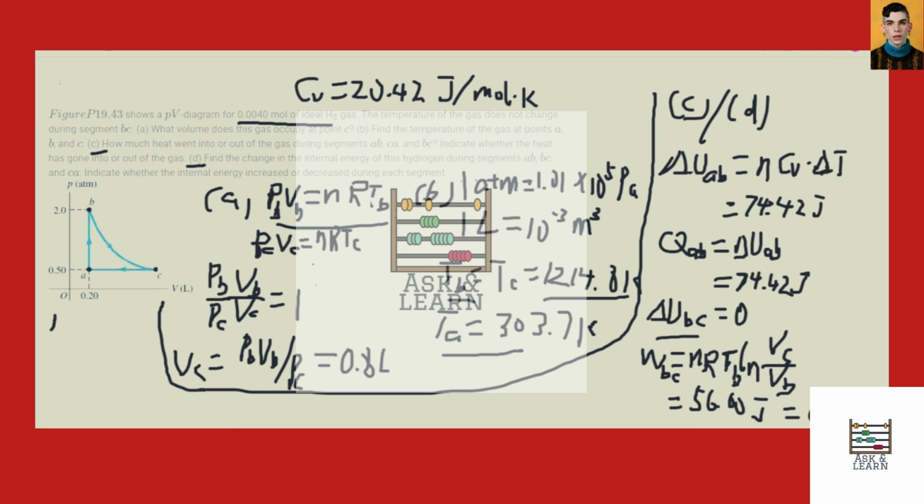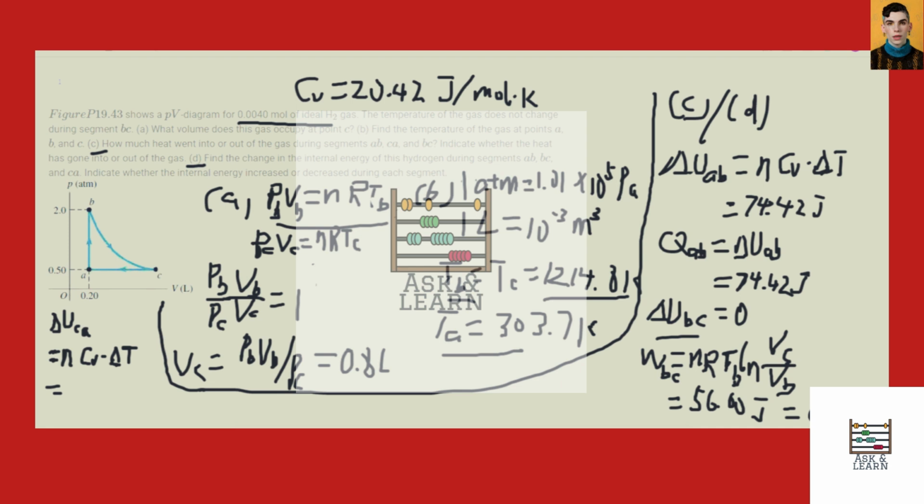Firstly, we can find delta U_CA, because the internal energy only depends on the temperature, and we already know the temperatures at state C and state A. So we can figure out delta U_CA directly, which equals n times C_V times delta T. Delta T in this case is T_A minus T_C, because A is the final state and C is the initial state.